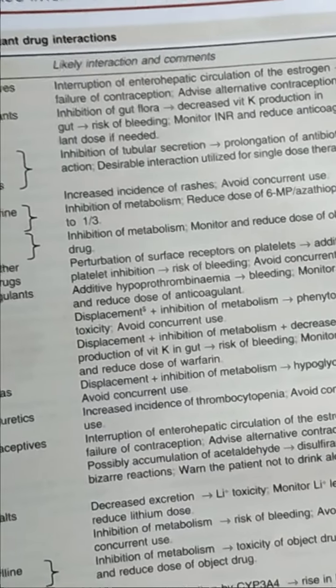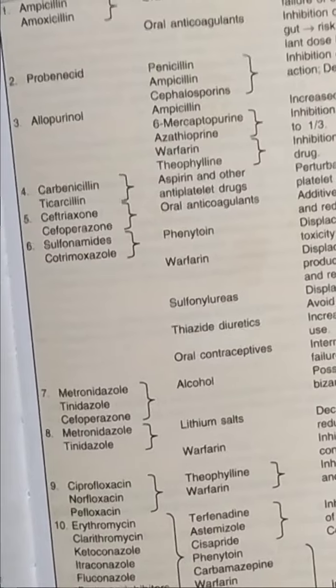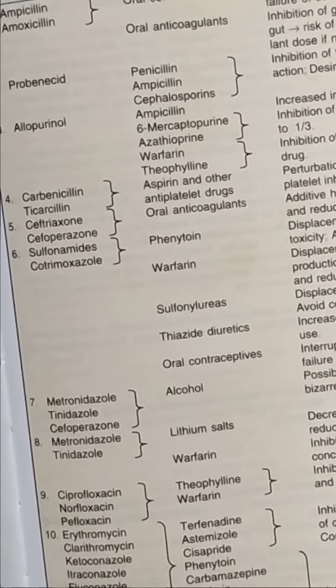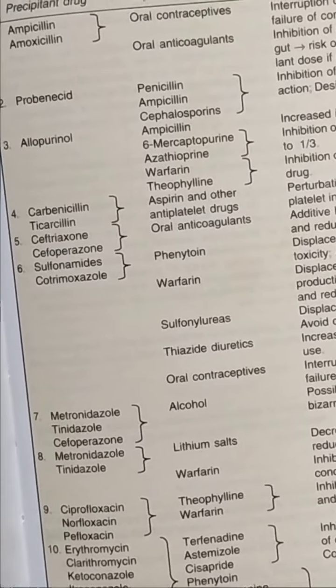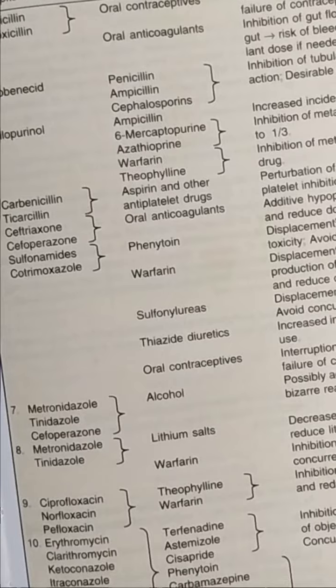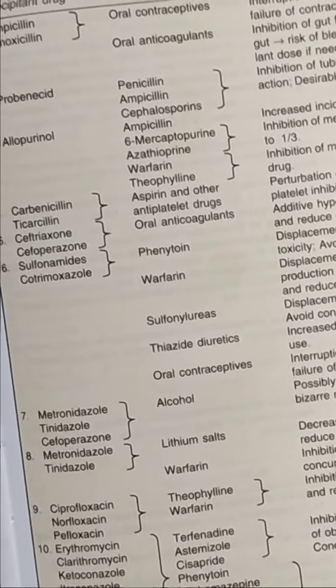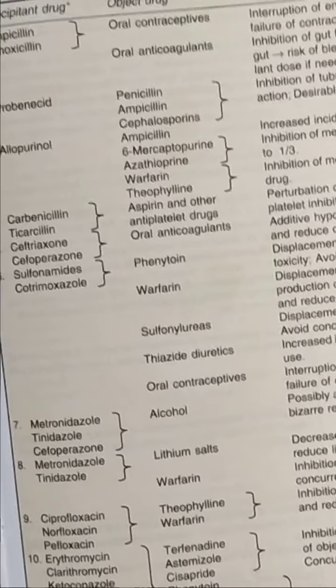Another drug, allopurinol, in combination with ampicillin or mercaptopurine, causes increased rashes and inhibition of metabolism. Then metabolism will be inhibited, so the dose of the object drug should be reduced.